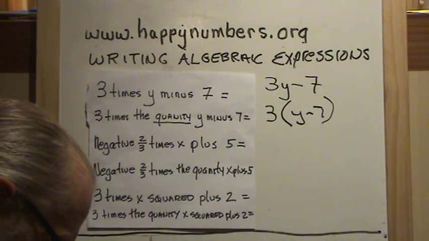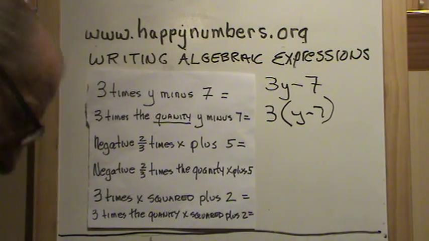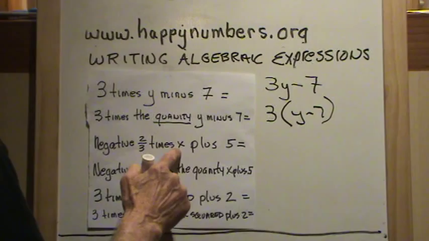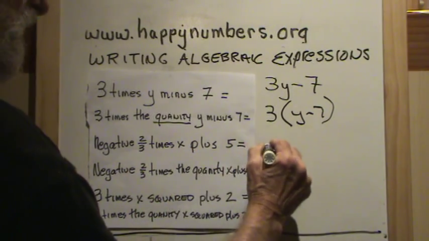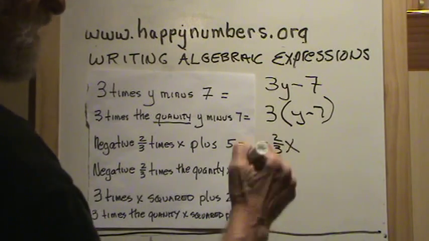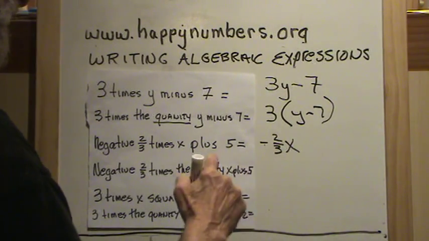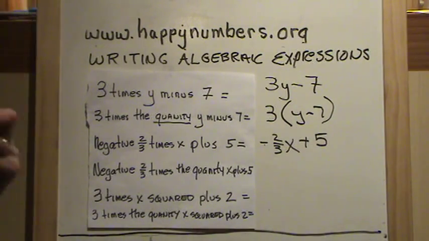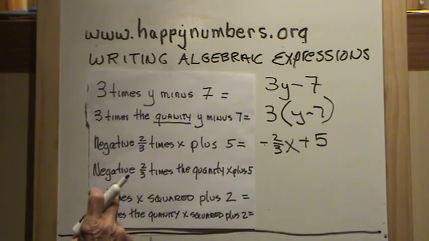Let's take a look at the next one. Negative 2/3 times x plus 5. Negative 2/3 times x, we know that's multiplication, plus 5. Now take a look at this one.